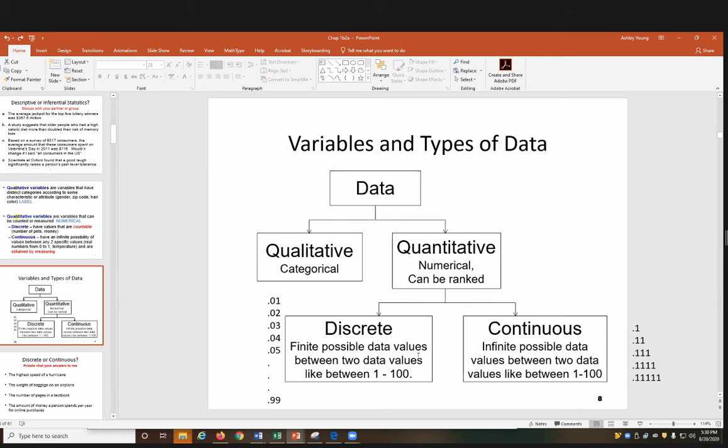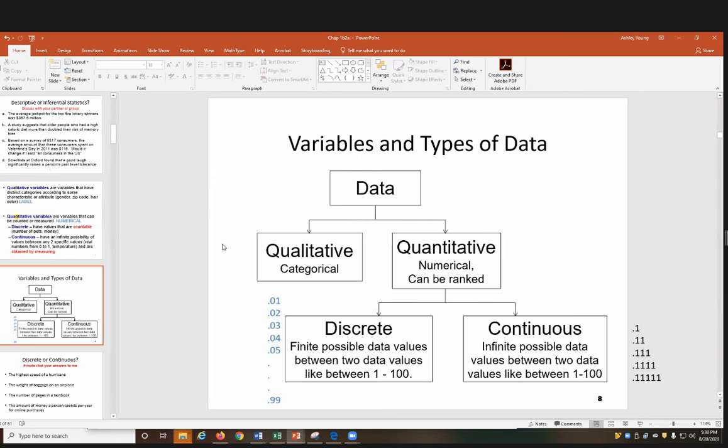For example, between 0 and 1, if I'm talking about money, money is discrete. Between $0 and $1, I can have 0.01. I can have 1 cent, 2 cents, 3 cents, 4 cents, 5 cents, all the way up to 99 cents. Those are countable. There's a lot of numbers between 0 and 1, but I can count them, right? 1, 2, 3, 4, 5, all the way up to 99 cents.